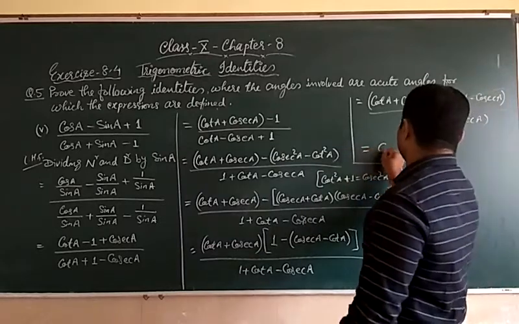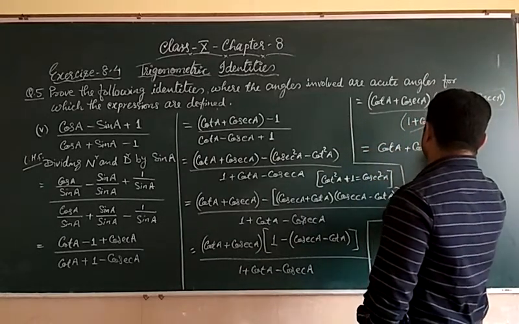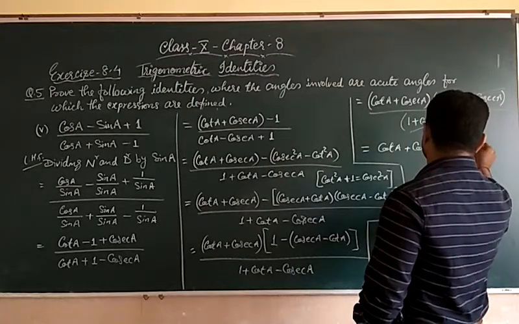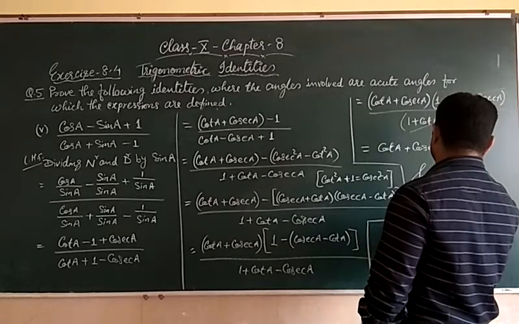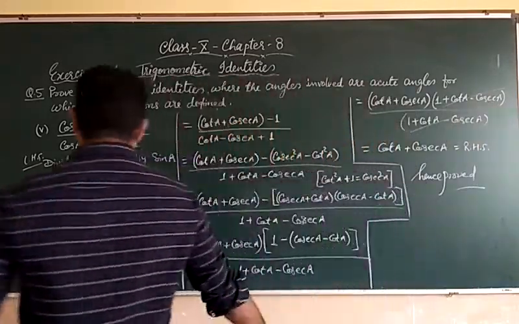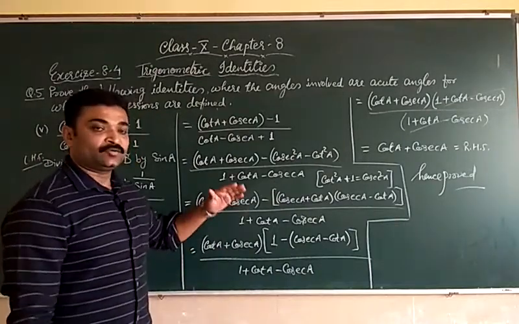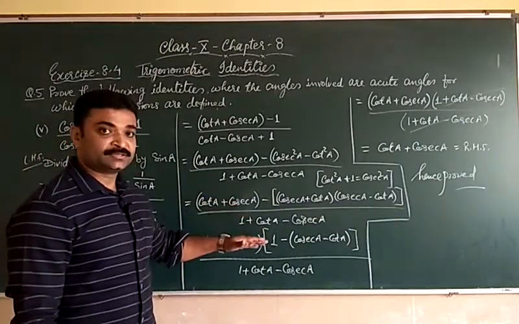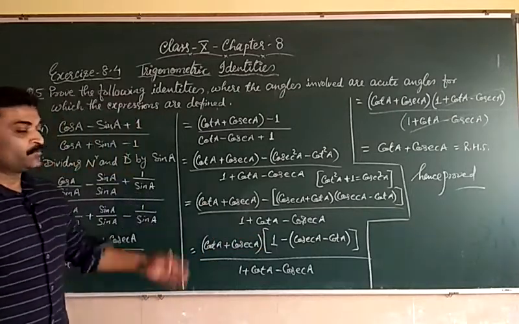So what we have? Cot A plus cosec A is equal to RHS, hence proved. So students, don't get confused. You can solve these questions by yourself also. Pause the video to note it down.